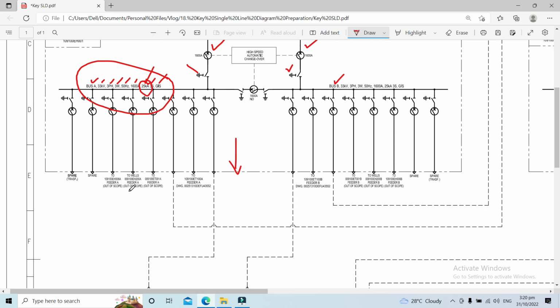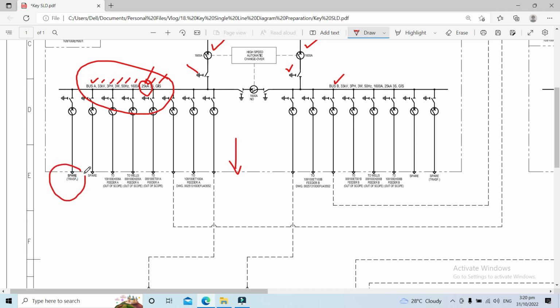These are the outgoing feeders. Normally when you propose a switchgear, either medium voltage or low voltage switchgear, you have to provide a spare. So here we have a spare feeder.